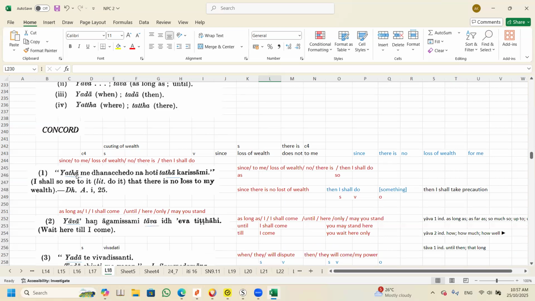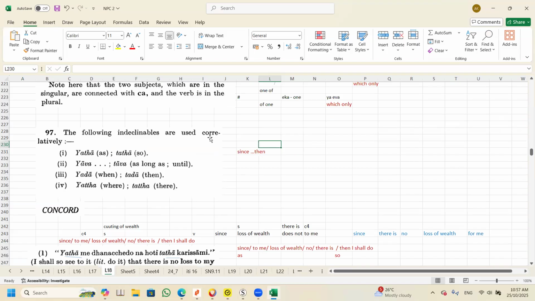Yatta, can you see the word tatta? Pair. So this is what I'm trying to tell you. That means this is called correlative. Relative plus correlative means correlation. That means they are interrelated.